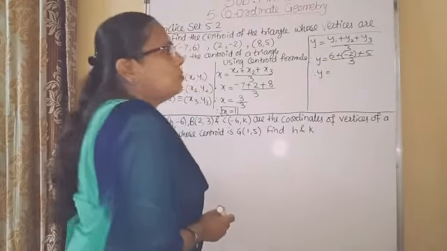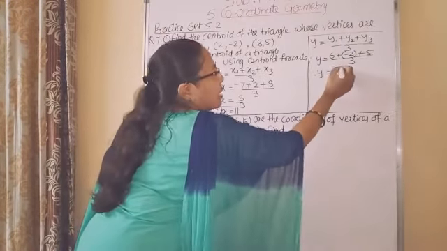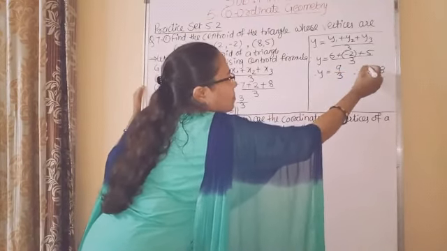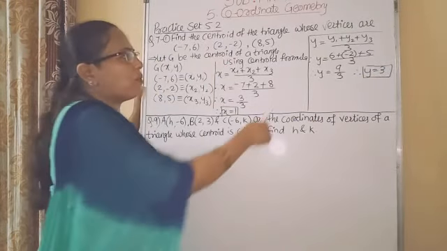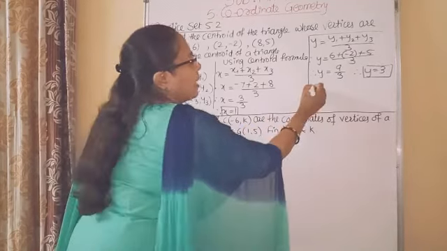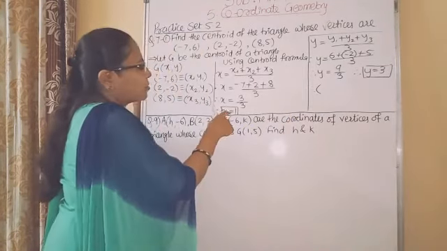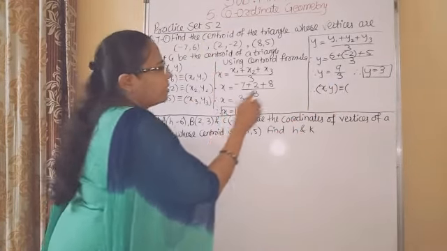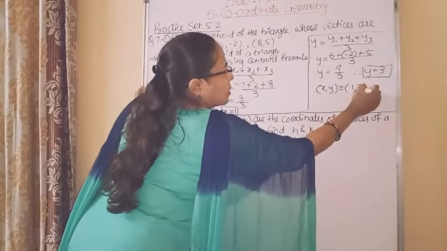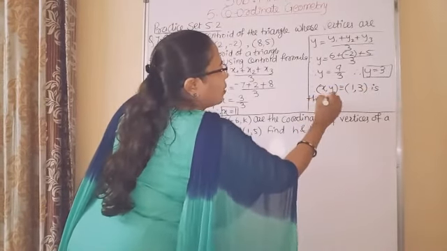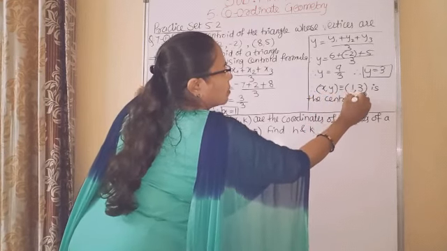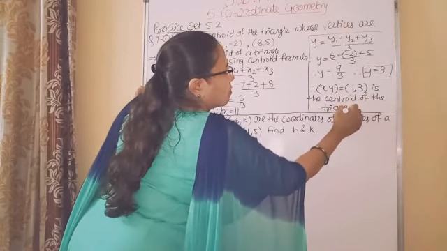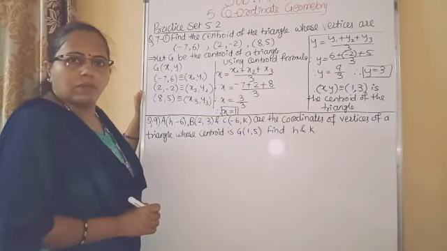Now 6 minus 2, 4. 4 plus 5, 9. 9 upon 3. Therefore, y is equal to 3. So, we got the y coordinate 3. So, therefore, we will write the answer: (x, y) is equal to (1, 3) is the centroid of the triangle. Followed how we solve? Okay.